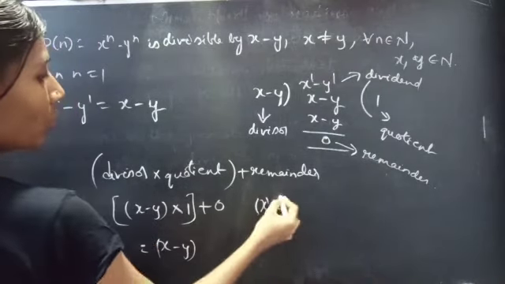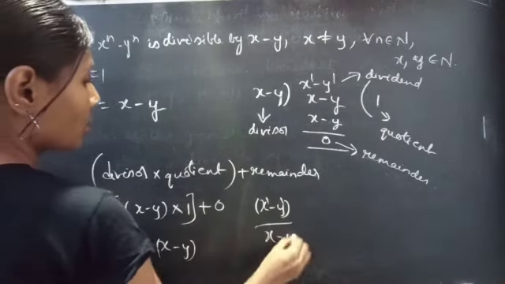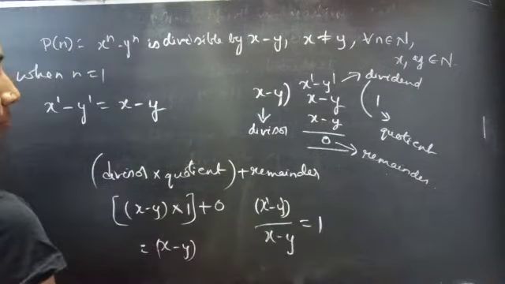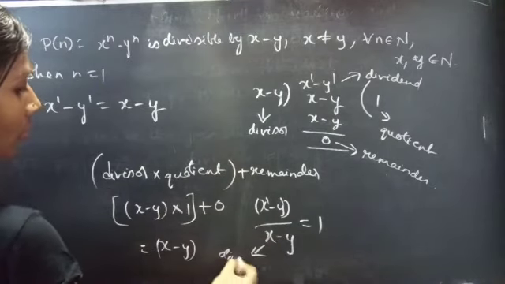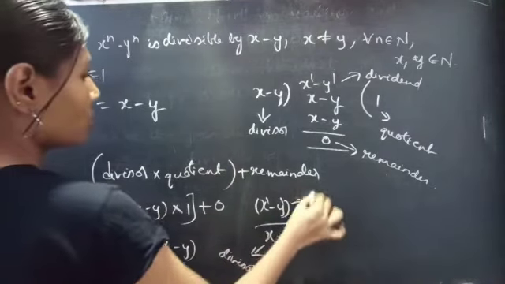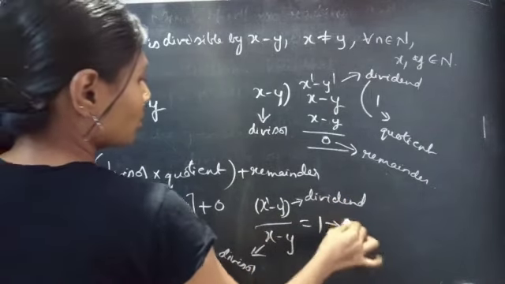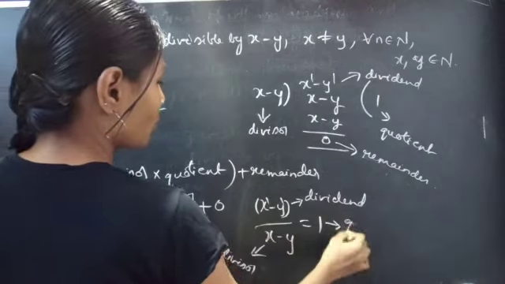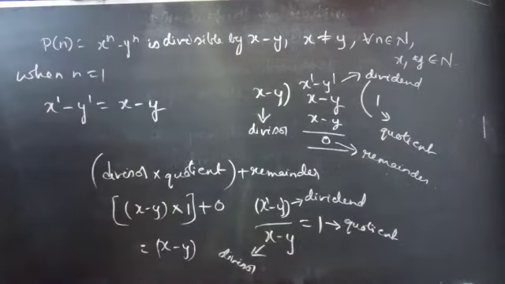So you can write x power 1 minus y power 1 by x minus y equals to 1, where x minus y is the divisor, these are the dividend and this is the quotient, not remainder, sorry, quotient.